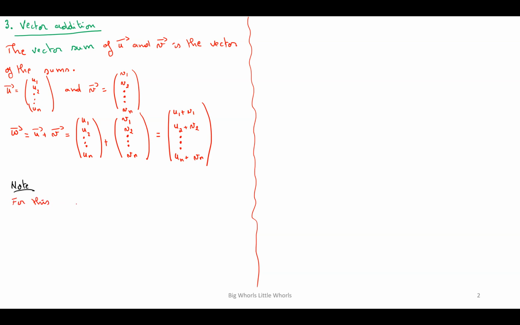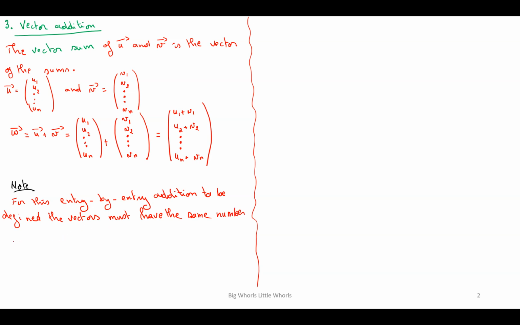For this entry by entry addition to be defined, the vectors must have the same number of entries, or same dimensions, that we will see shortly in a future chapter.